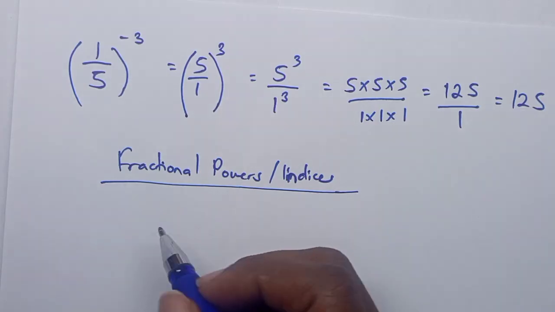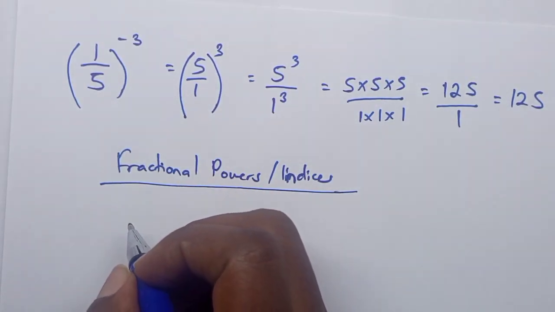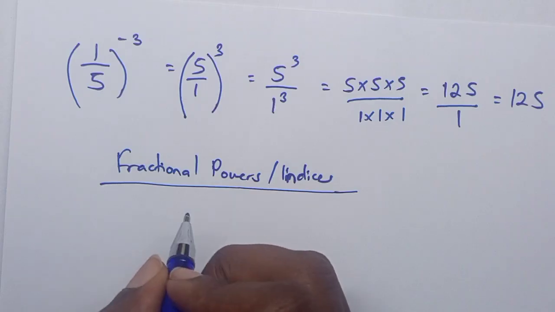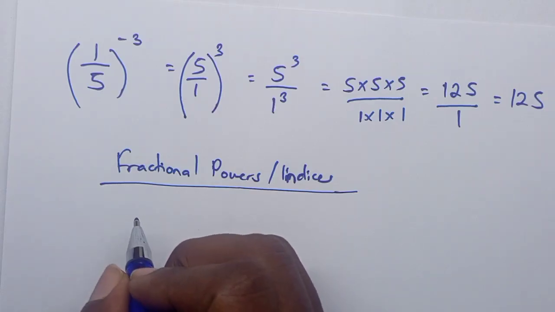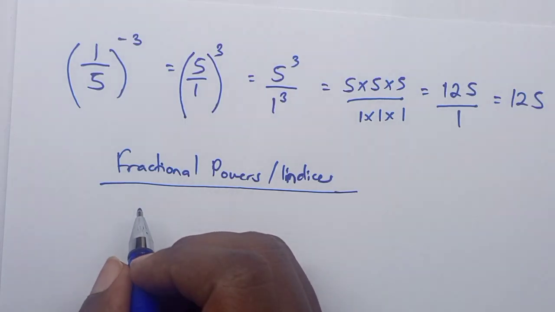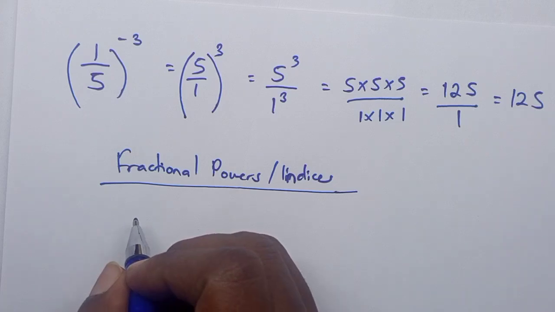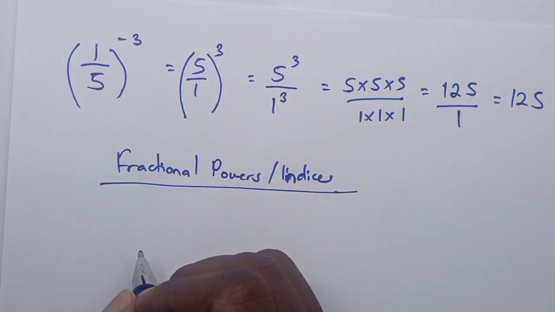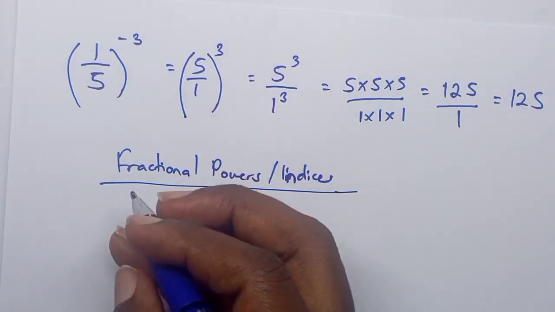For such, the way we work it out, first of all, the denominator of the fraction, which is the power, becomes the root of the number. Then we raise the result to the power of the numerator of that fraction.